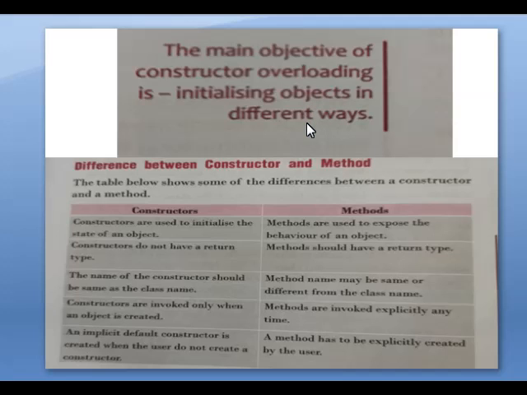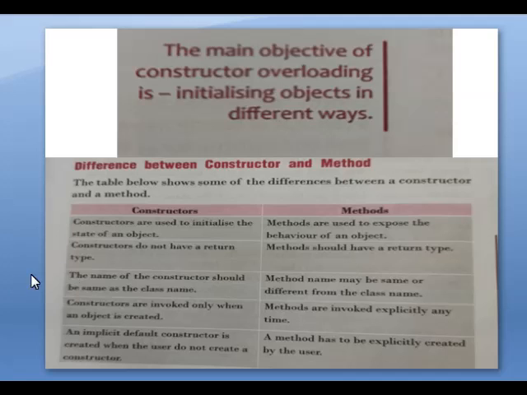The next one is the difference between constructors and methods. This is very important, as they ask 2-mark and 3-mark questions on it every time. The main difference is that constructors are used to initialize the state of an object, while methods are used to expose the behavior of an object.